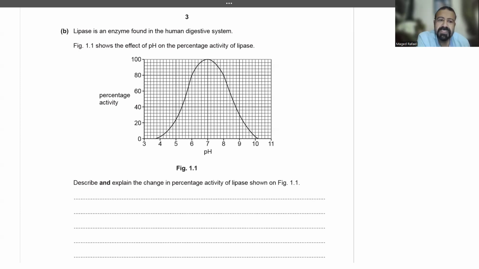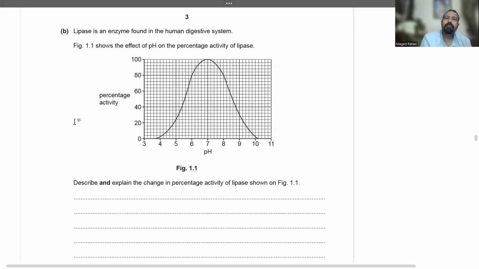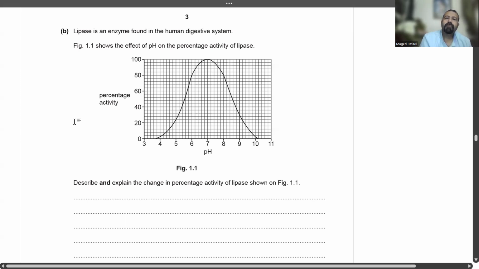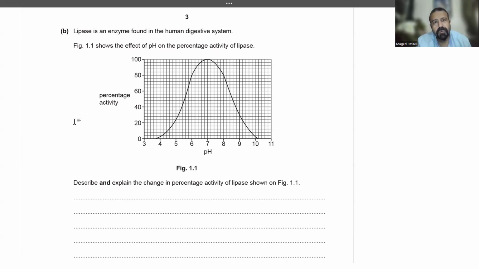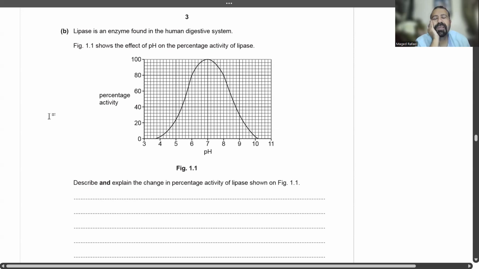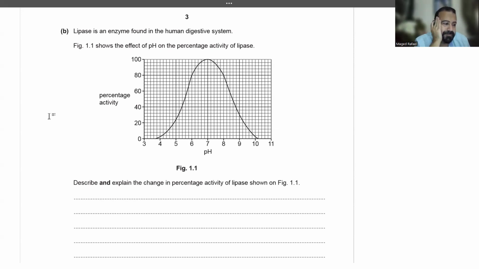Reem, can you describe this graph for us, or the results that we have? Are you able to talk, Reem? We can say, as pH increases, activity would increase and then decrease.